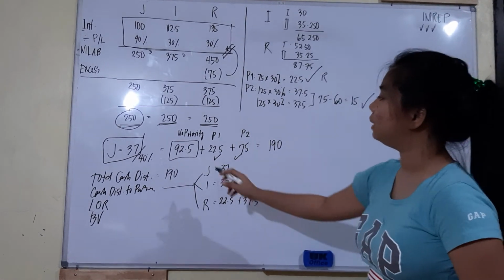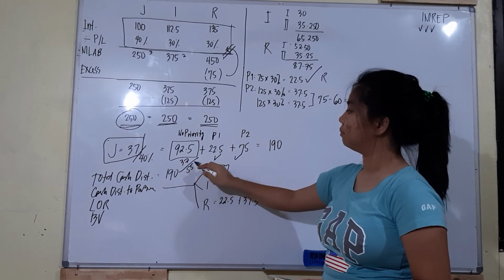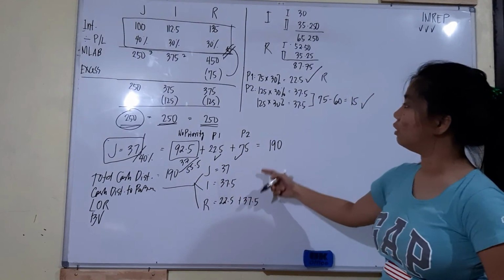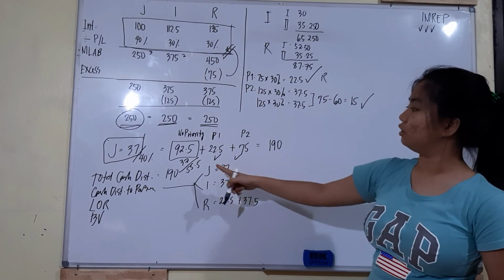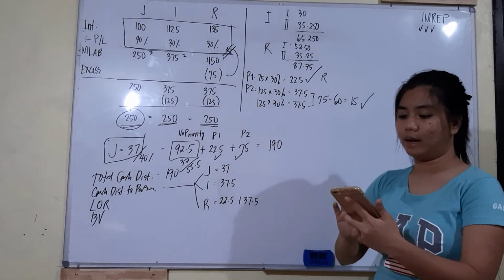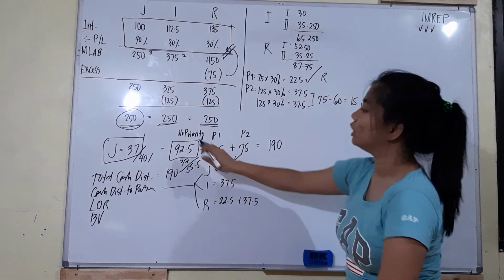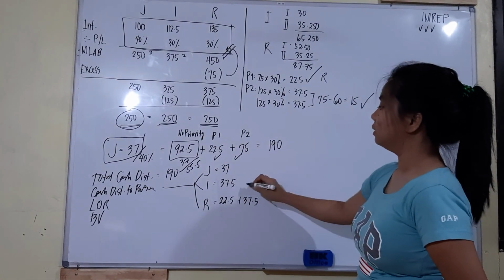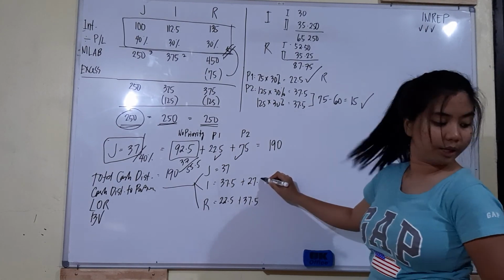So, meron pa tayong 55.5. Okay. So, dahil pareho lang naman yung ratio nila, 30 and 30, so magiging 30 over 60. Divide na lang natin sa dalawa. So, each of them will share in the no priority amount an amount equal to 27.75.